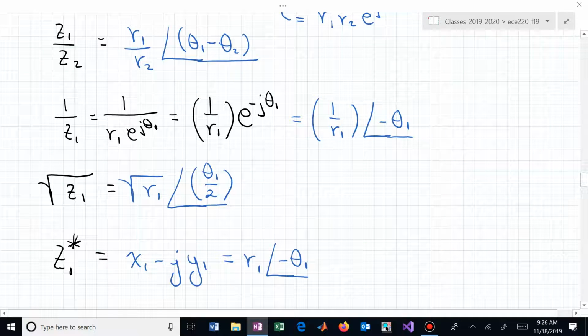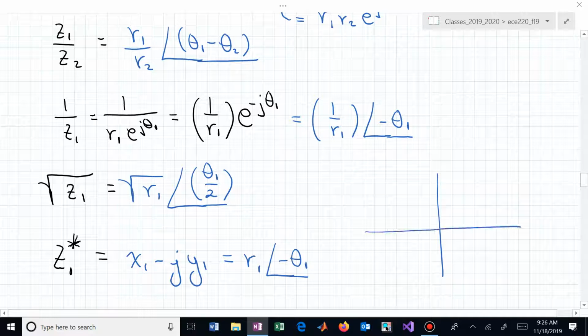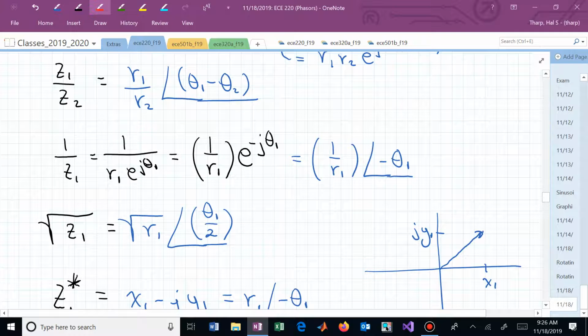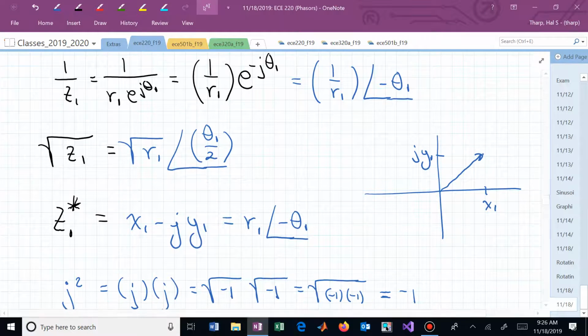The conjugate is when you simply change the sign of the imaginary component. x1 minus jy1. And in fact, if you're looking at that in the complex plane, if this was x1 and this is jy1 and we were up here, now the fact that we have negated y1, now we're just down here.